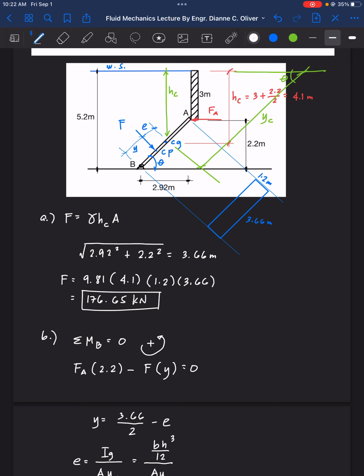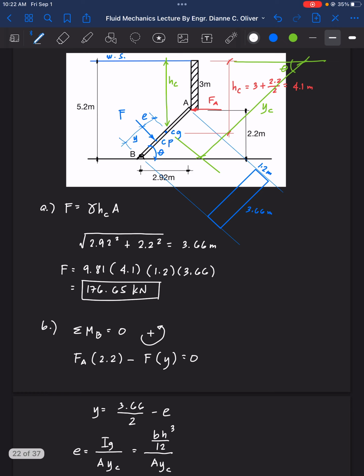Therefore, to get the value of theta, we have tangent theta equal to 2.2 over 2.92, using this triangle.